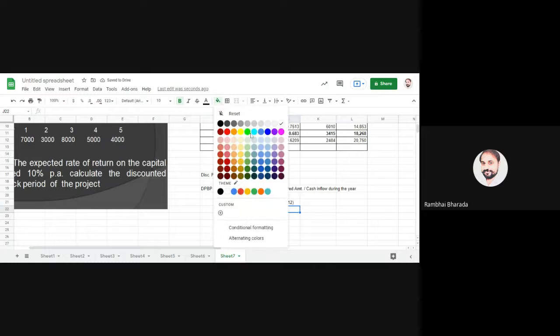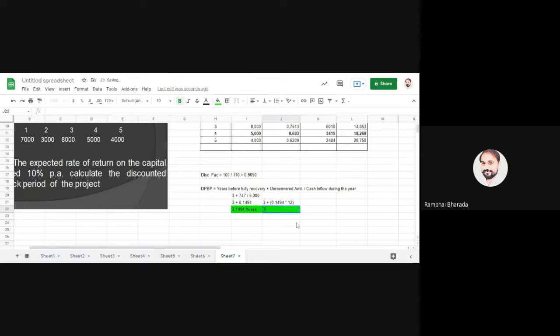So just do the calculation, you will get the answer 3 years and whatever answer you get will be our months. How much will it be? 0.1494 into 12. What will the answer be? 1.79. So I write here 2 months.